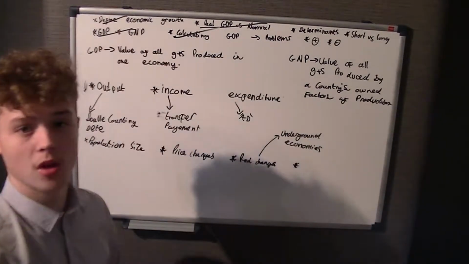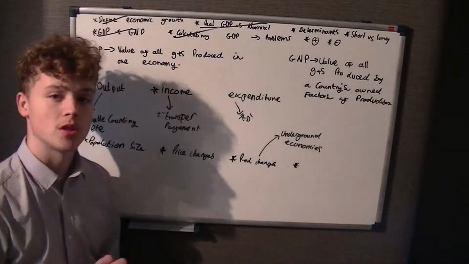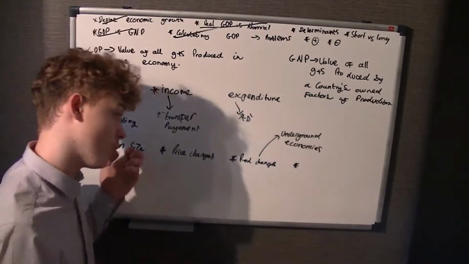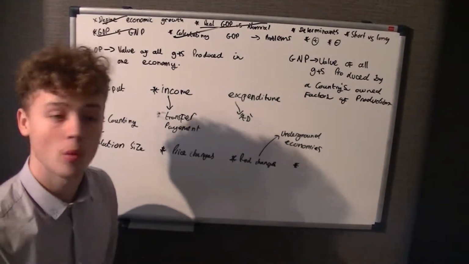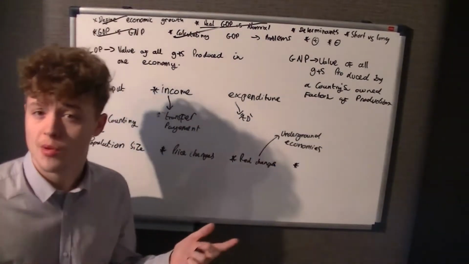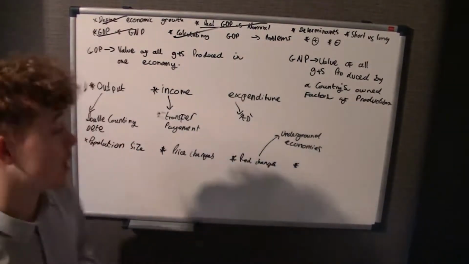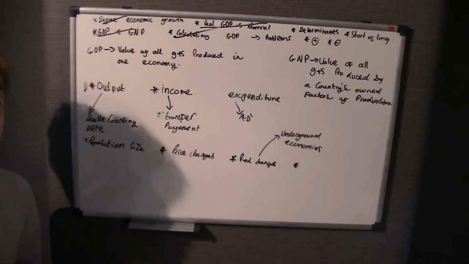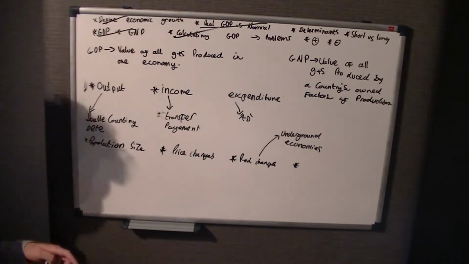Now, underground economies are economies which the government doesn't know about. One reason for this could be that whatever the individual is doing is considered to be illegal. So that is one way.